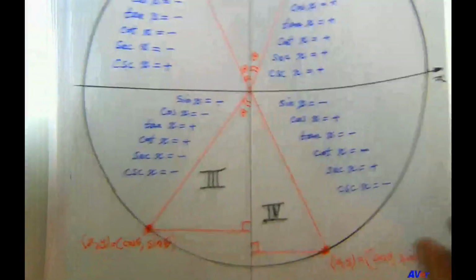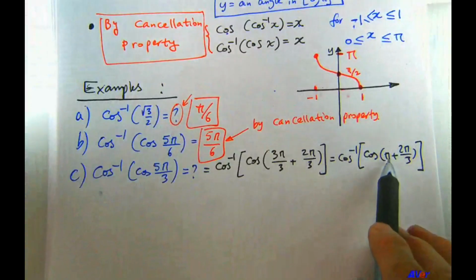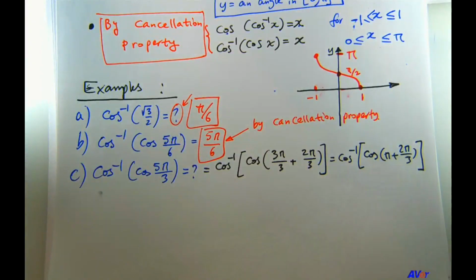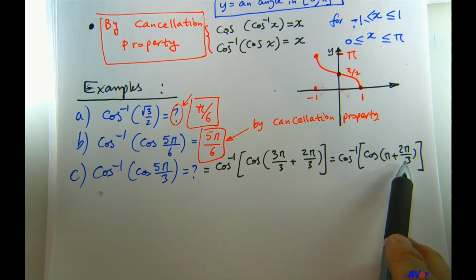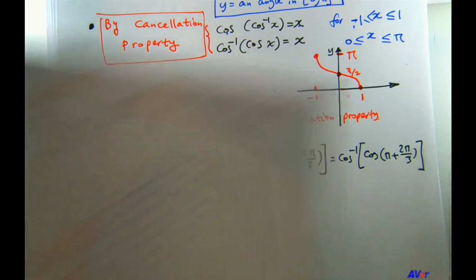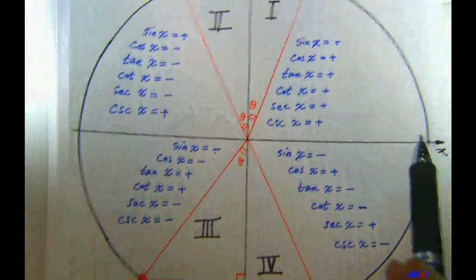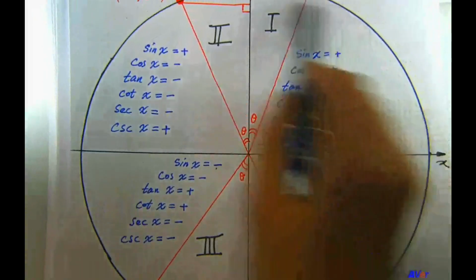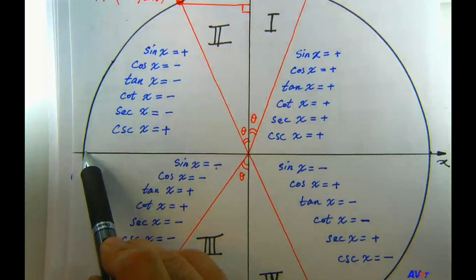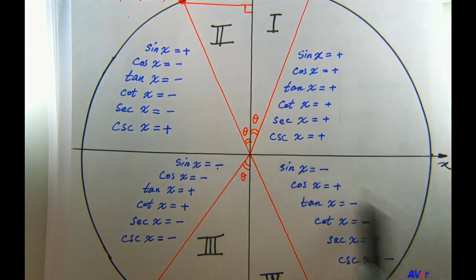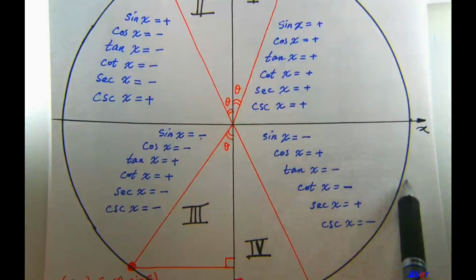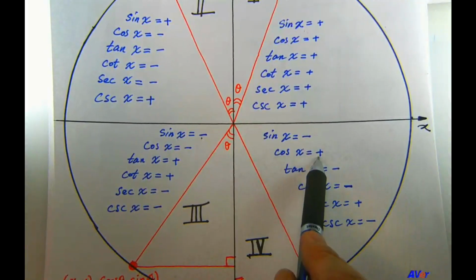We're going to be in the fourth quadrant because this 2 pi over 3 is slightly less than pi, so pi plus something that is a little bit less than pi. That pi would be all the way to here, 180 degrees, and we add this 2 pi over 3, which is a little bit less than pi. So we end up in the fourth quadrant where the cosine value is positive.